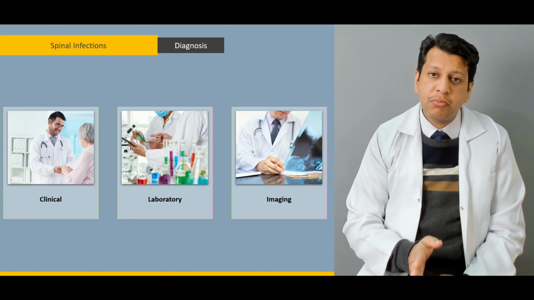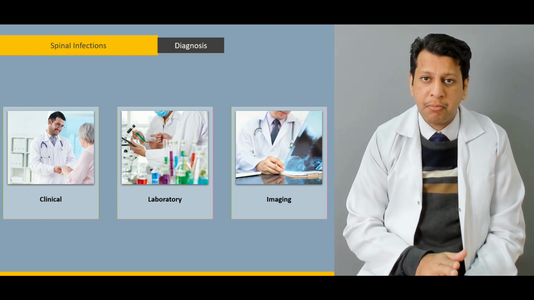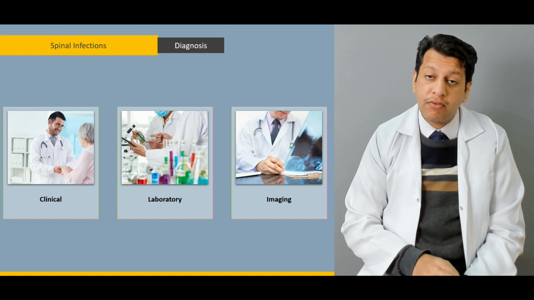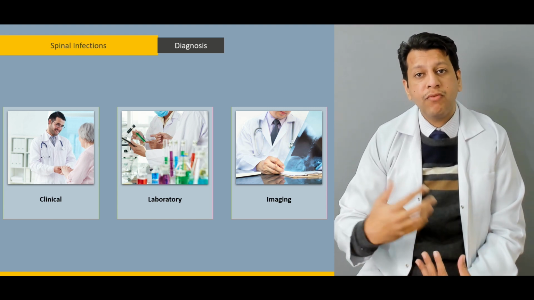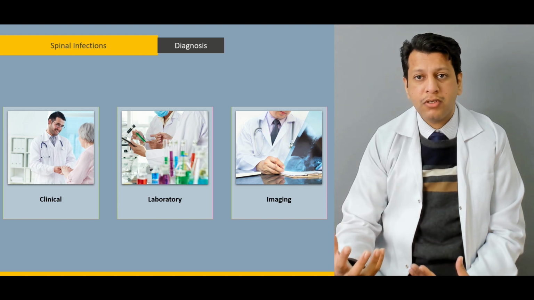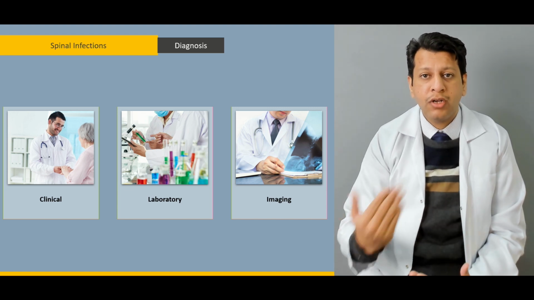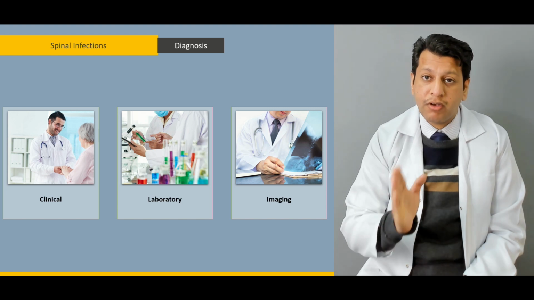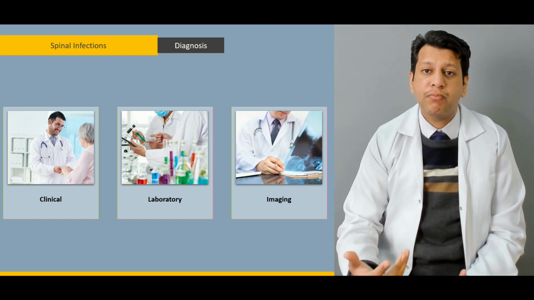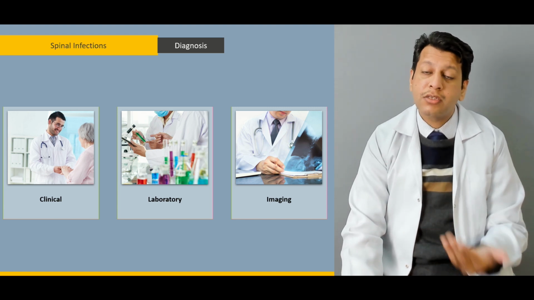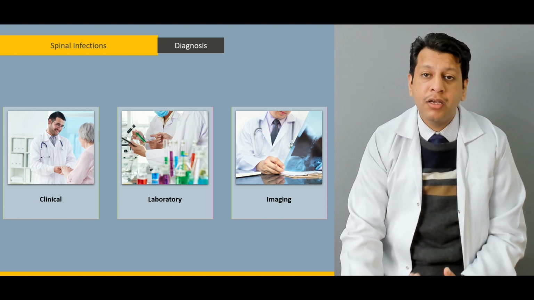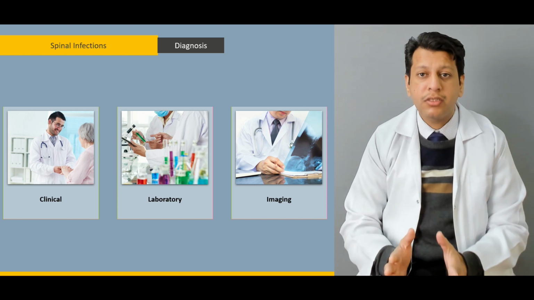So imaging could be simple X-rays, could be MRI, or once we have identified the abscess, it may be very deep seated. So instead of going for surgery and taking out the abscess, we can go for a CT guided biopsy, and once we have identified the organism, then we can plan the surgery further as well. So all these modalities involving X-rays, MRI, and CT have to be kept in mind, because they may be helpful in reaching the diagnosis.